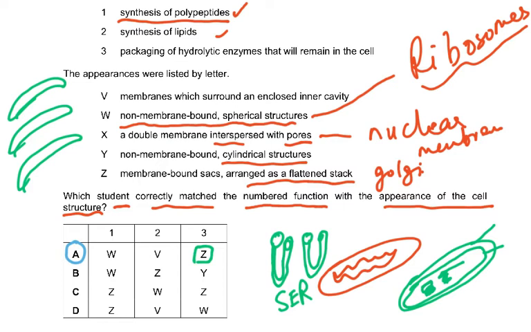And then of course vesicles will break off from them, and these vesicles are lysosomes. So packaging of hydrolytic enzyme that will remain in the cell. Lysosomes remain in the cell, they're not thrown out of the cell, they will remain in the cell to actually digest the worn out organelles.